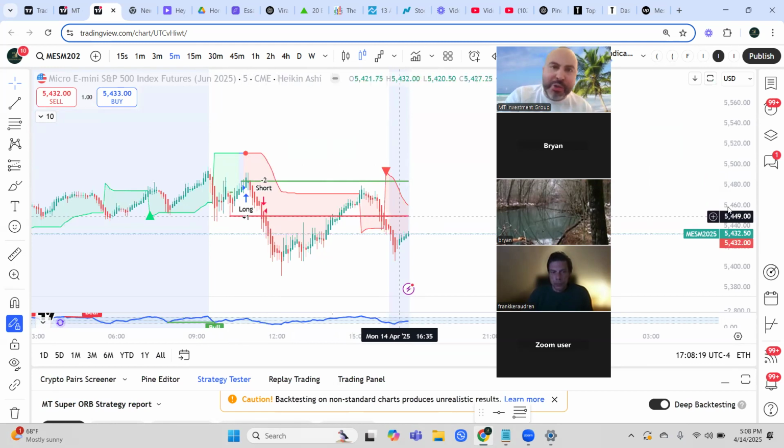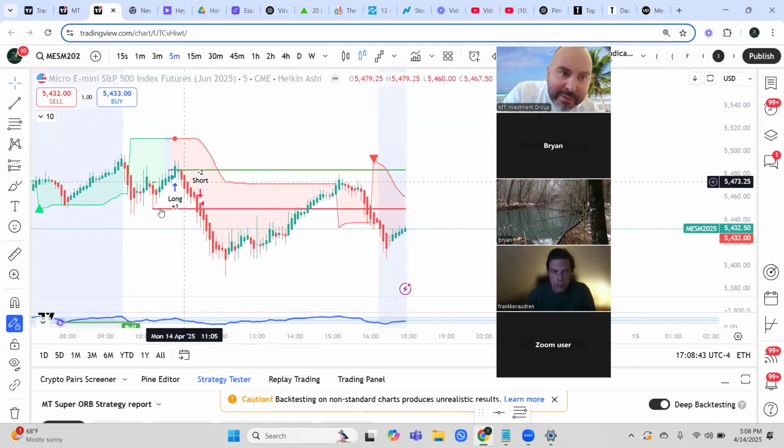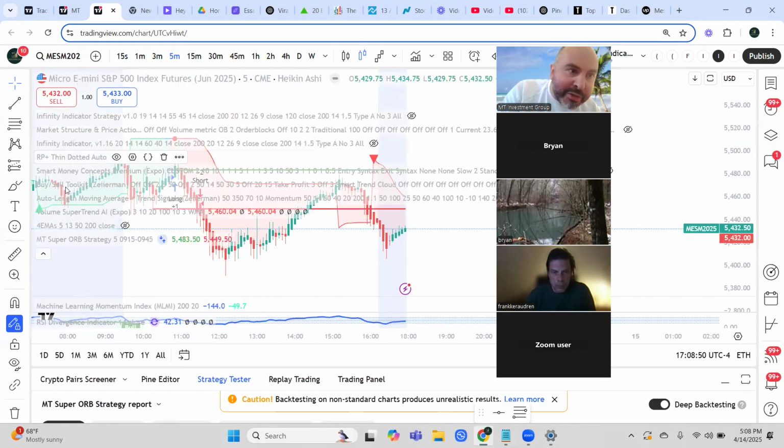So I guess I should start with what is the ORB range and how does it work. Again, I have my time set from 9:15 to 9:45. Let me just make sure I have my time set right.